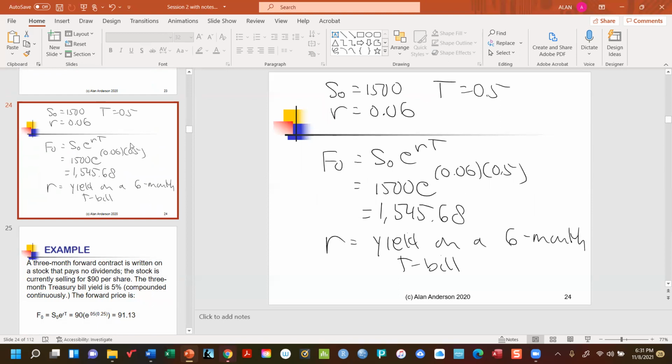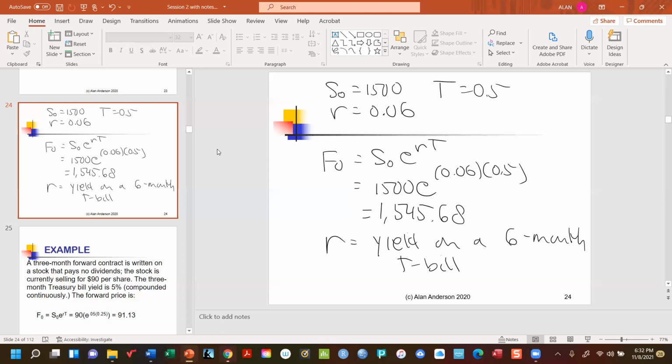And when you plug them in, you can see that the implied forward price of this gold is $1,545.68, which is the same thing as saying that if you sold your gold for $1,500 and put it in a bank account that pays 6% for half a year, when rates are compounded continuously, at the end of those 6 months, you'd have $1,545.68. So that means that the forward price in this contract will be $1,545.68.